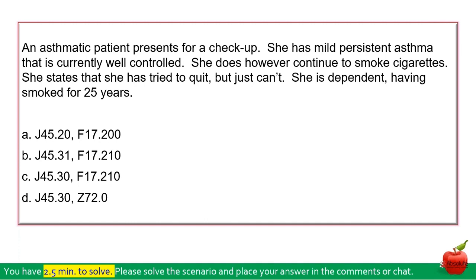An asthmatic patient presents for a checkup. She has mild persistent asthma that is currently well controlled. She does, however, continue to smoke cigarettes. She states that she's tried to quit but just can't. She's dependent, having smoked for 25 years. All right, coders, you've got 2.5 minutes again, and then we are going to talk about this.